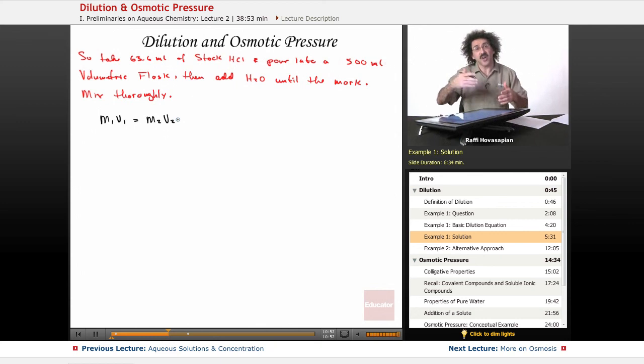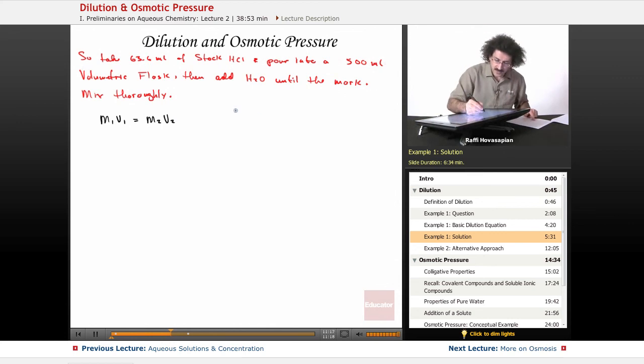not changing the solute amount. So the amount of solute, whether it's floating around in 100 milliliters of solution or floating around in 1,000 milliliters of solution, it's still the same amount that's floating around in solution. There just happens to be a lot more solvent now in which it can float around. So the number of moles of solute actually stays the same. That's what this equation is based on.